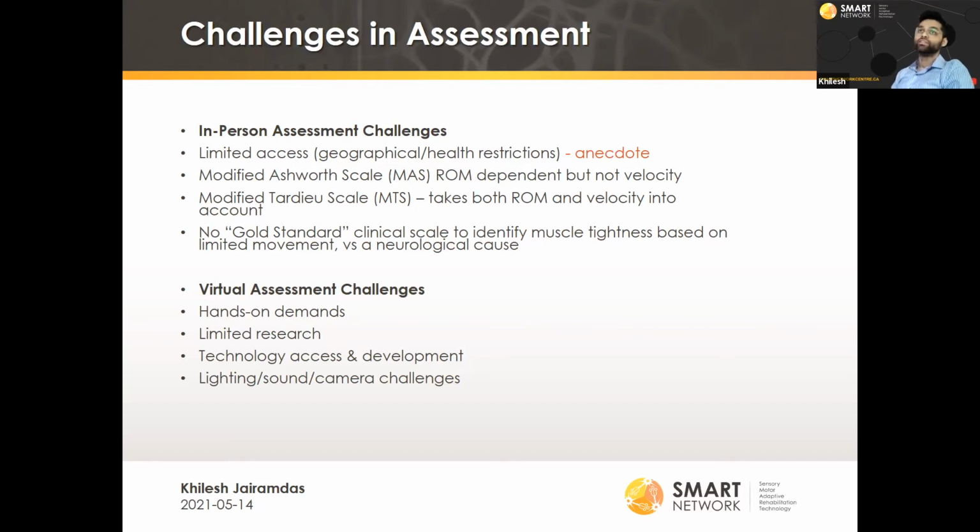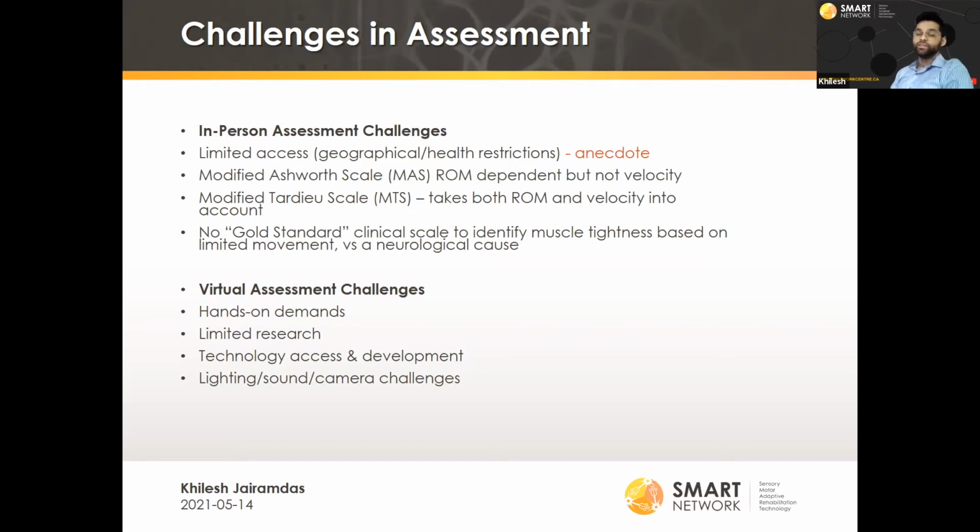We know that, for example, in Alberta, a huge chunk of the population lives within the Calgary-Edmonton corridor, and as such, the specialists are also highly concentrated in these regions. So for people to get the care and the diagnosis that they need, they have to travel quite far. And so the idea here is to enable more robust virtual assessment techniques as well.